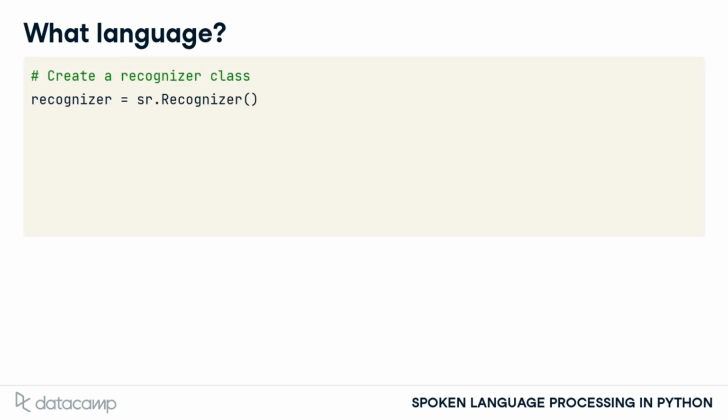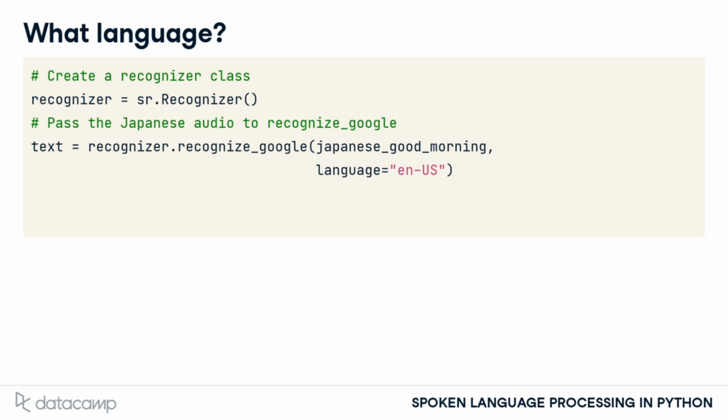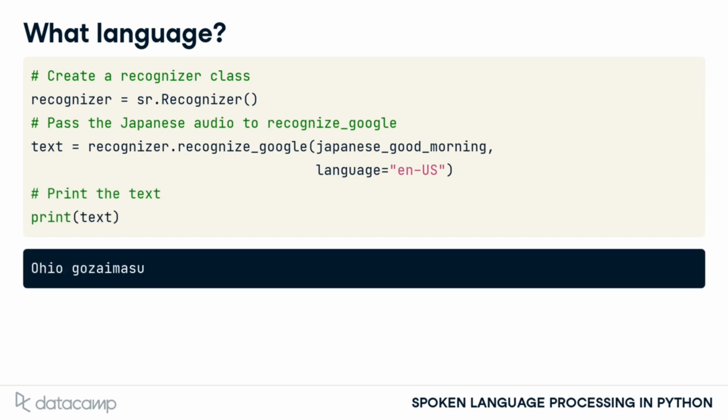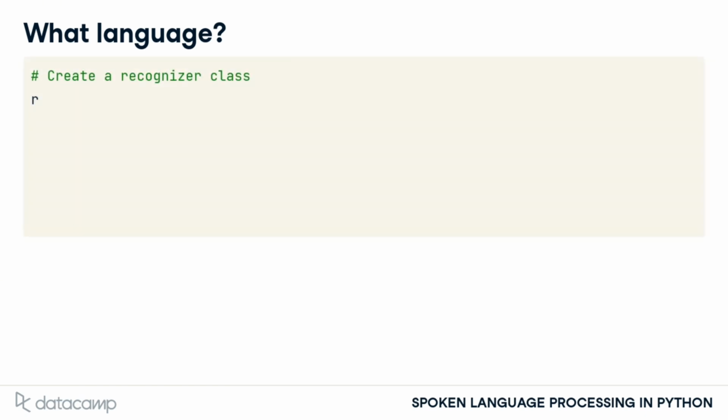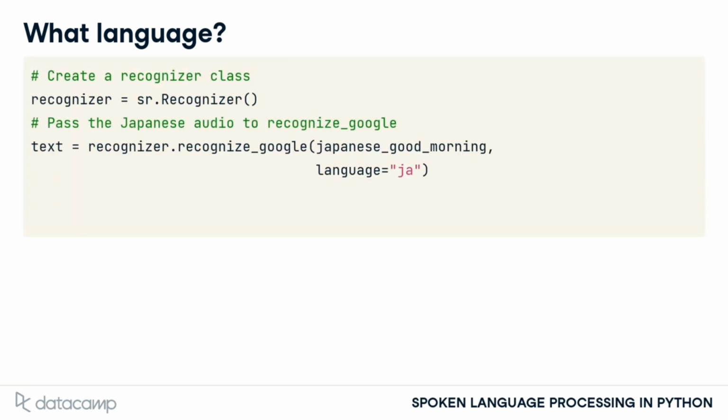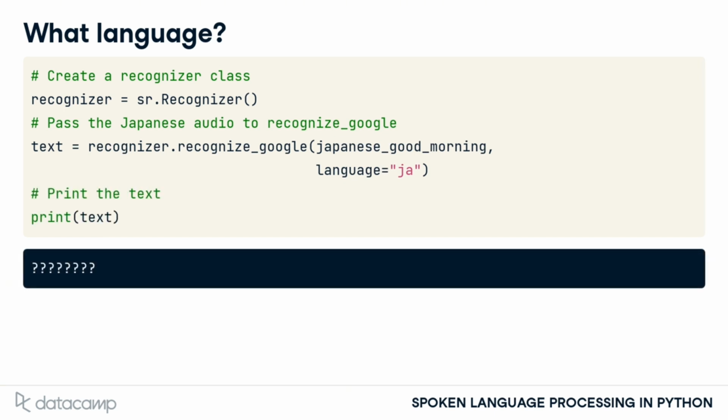For example, if you pass Recognizer an audio file with Japanese speech, but the language tag was en-US, you'd get back the Japanese audio in English characters. That makes sense. And if you passed the same audio file with the language tag set to ja for Japanese, you'd get the audio transcribed into Japanese characters.